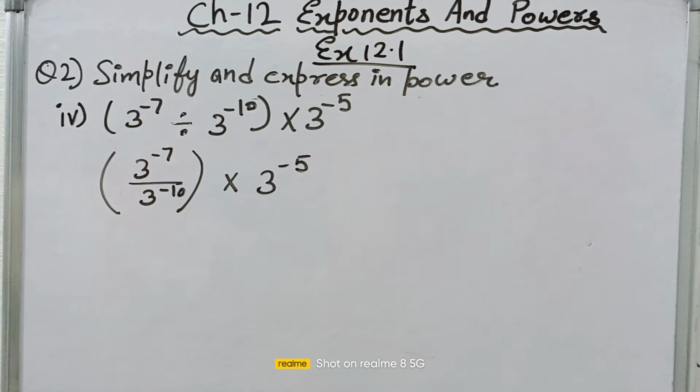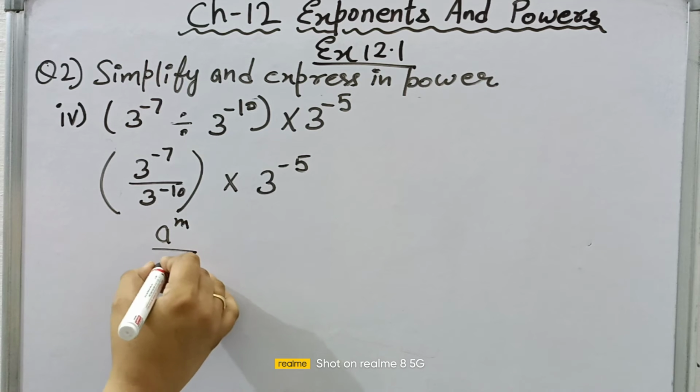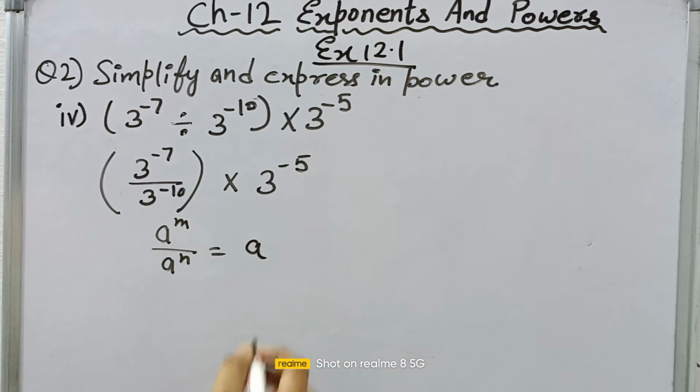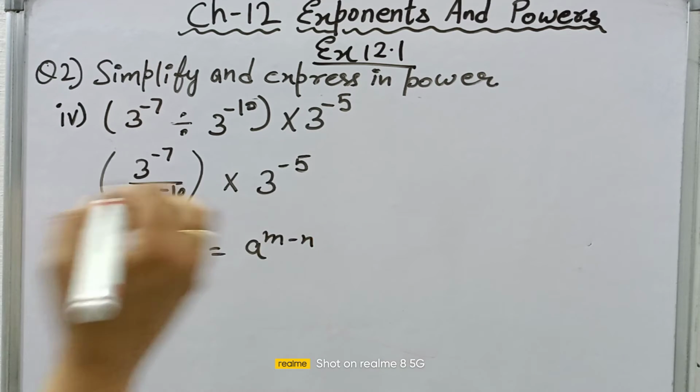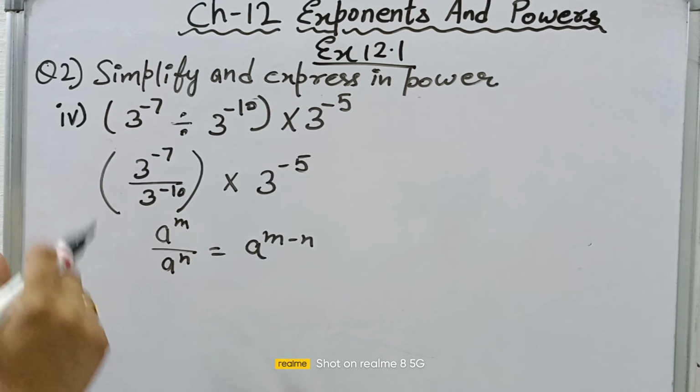Now we will apply different laws. We know if it is given a raised to the power m upon a raised to the power n, so we can write it as a raised to the power m minus n. So we will apply this law within brackets.